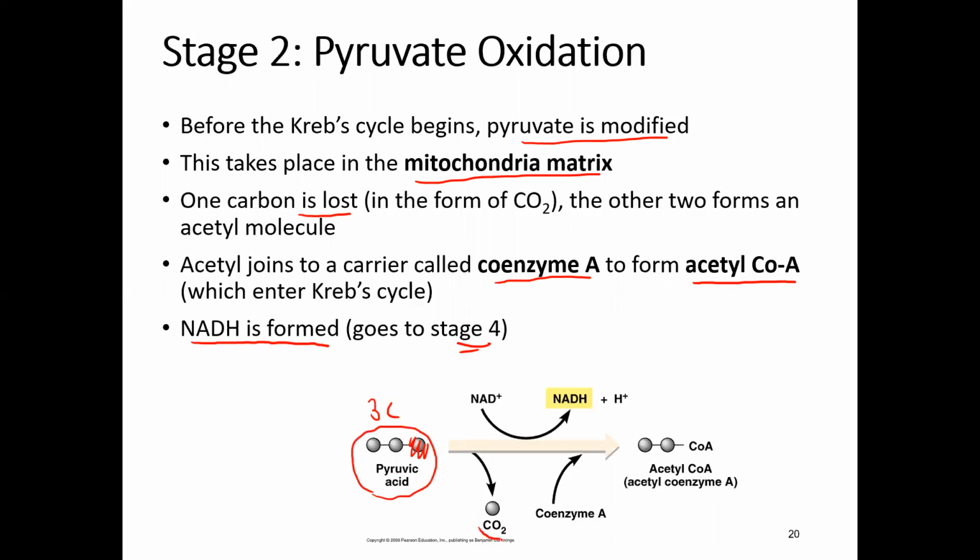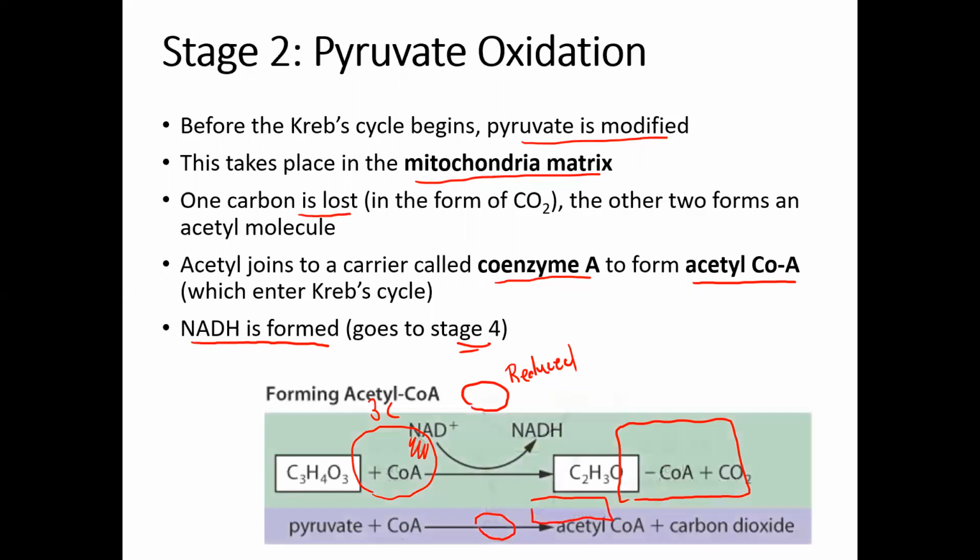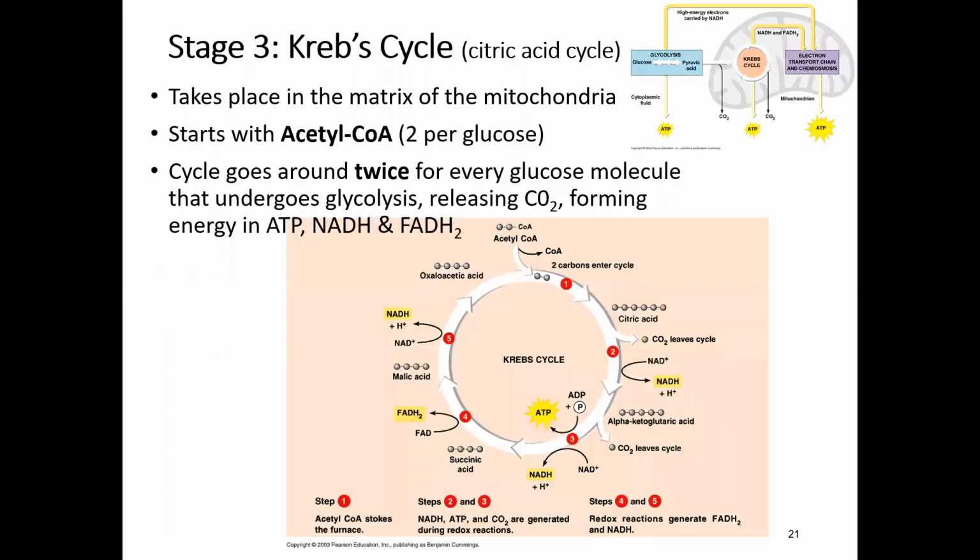A carbon dioxide is lost, NAD is reduced, and coenzyme A combines to form acetyl-CoA. Where does this take place? In the matrix. CoA, acetyl-CoA, carbon dioxide. Okay, we are going to look at the Krebs cycle in the next lesson.